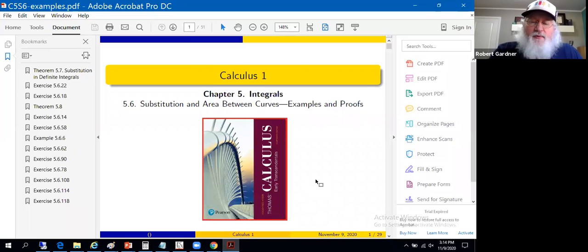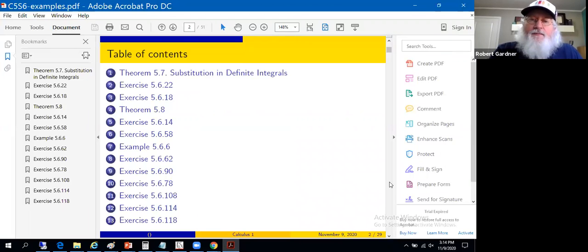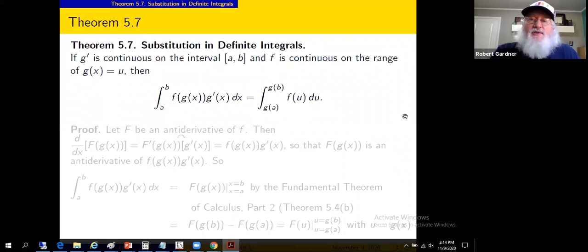Let's look at a proof of this substitution in definite integrals theorem. We evaluate definite integrals using antiderivatives according to the fundamental theorem of calculus, part 2. So we need to be thinking antiderivatives.